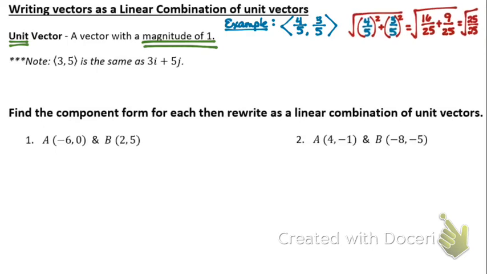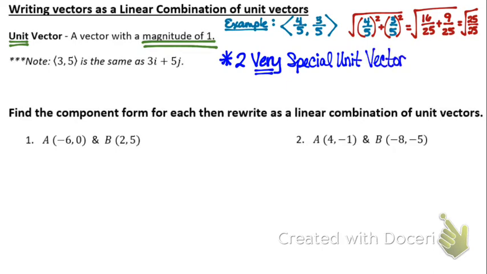There are 2 very special unit vectors. Those two very special unit vectors are vectors called i and j.